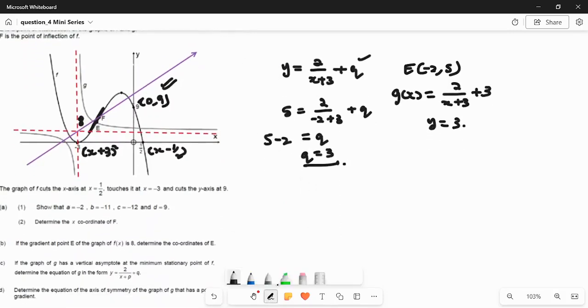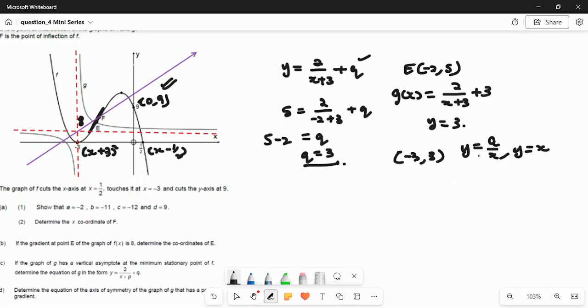Okay, so that line crosses at the cross section of our asymptotes, which is at -3 and at +3. And remember, for our mother graph, y is equals to 8 divided by x. The axis of symmetry with the positive gradient is just y is equals to x.